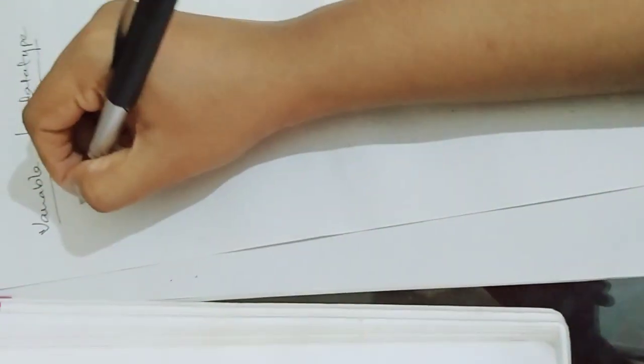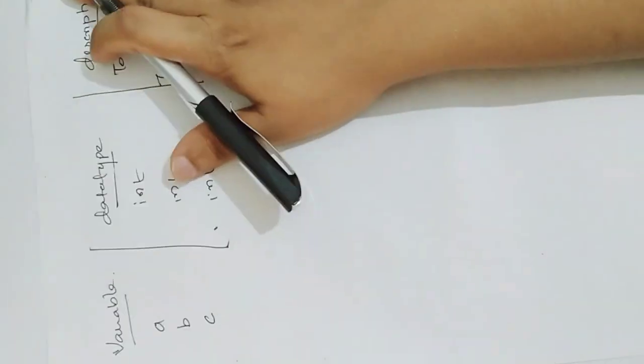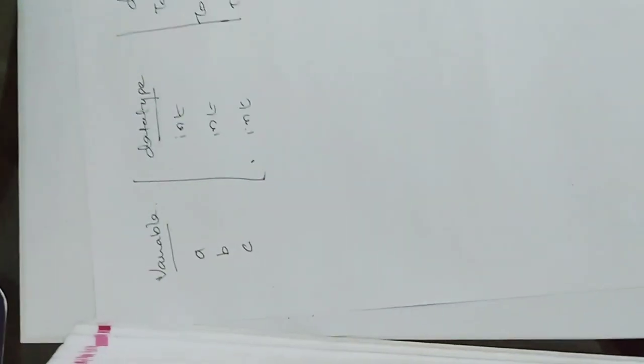So A, B, C, int, to store a value, to store a value, to exchange a value. Description, whatever you can write. Okay, this is a program for swapping two values.